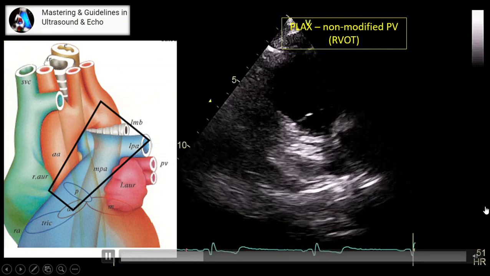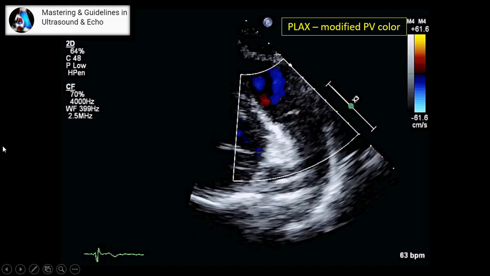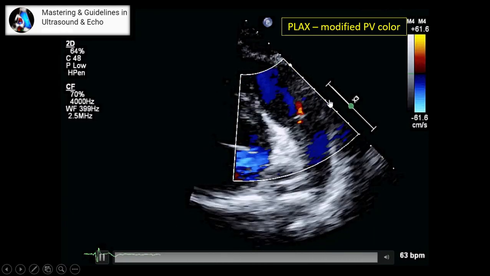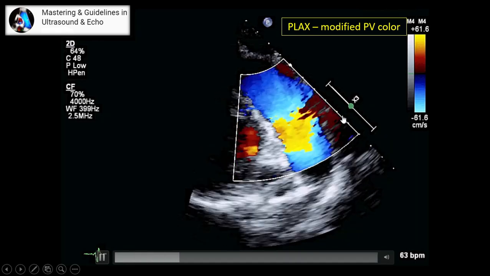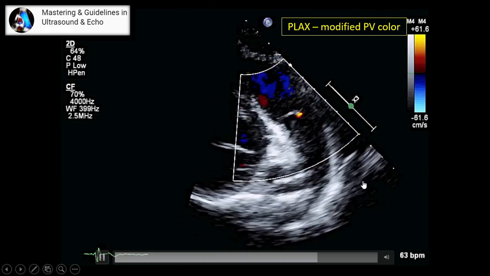After that, we put color to see if there is any abnormal jet on the valve. We catch it, record it, and then we put continuous wave exactly over that jet.